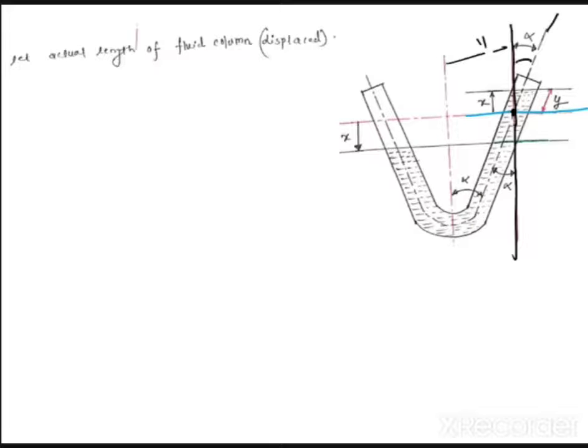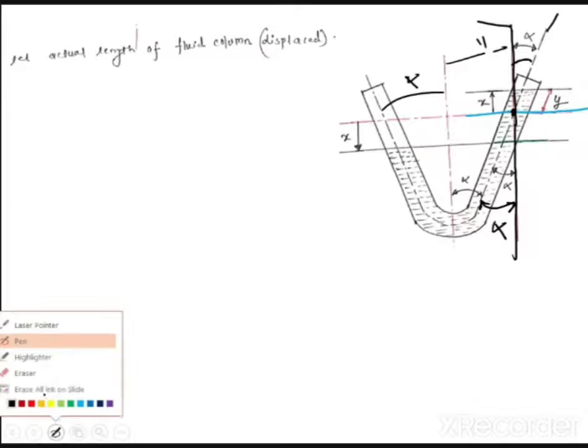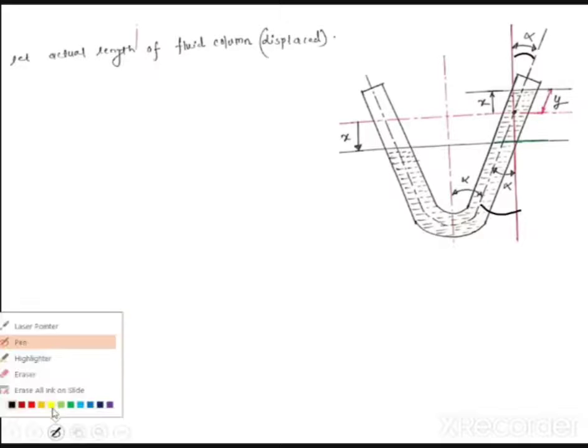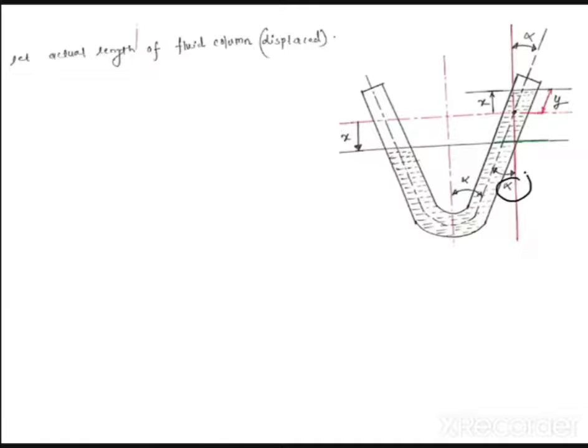This angle will be alpha, and this angle will also be alpha. Just for simplification, I have considered this line. The angle between this vertical line and this is nothing but alpha. So if I consider the vertical line at this particular point, this angle you will get alpha, and this angle you will get alpha. So is it clear how I have taken this angle alpha and this angle alpha? Is it clear to you?